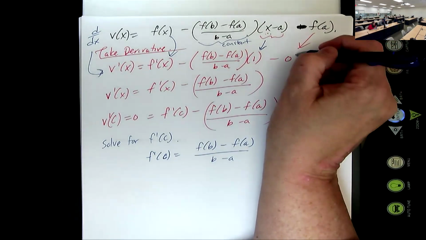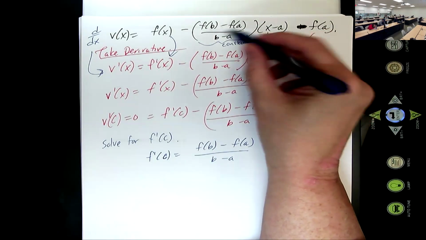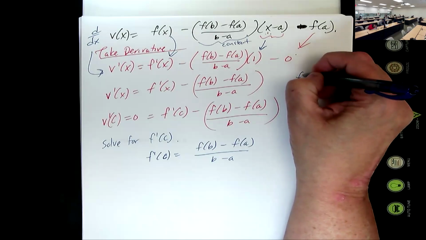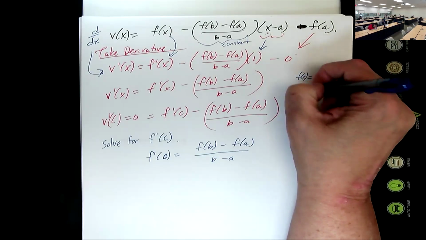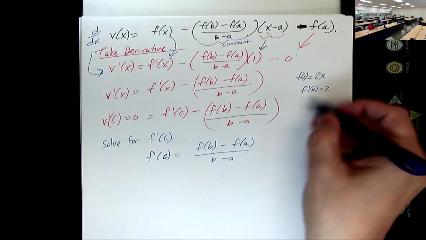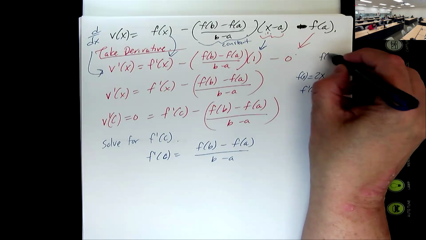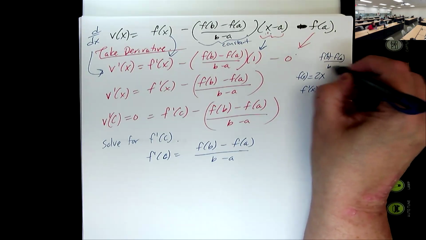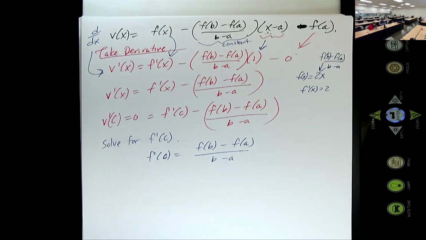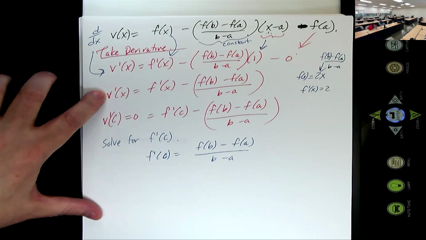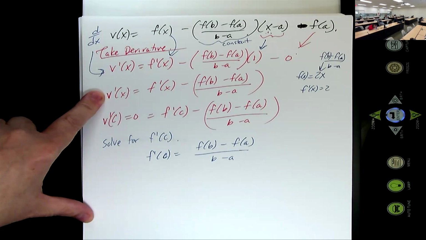Derivative of f of a is 0, and x had this coefficient on it, like if we had 2x and we took the derivative, we just have 2. Same idea here, but the 2 is f of b minus f of a, or b minus a, same as the 2 here. So that comes down, and now that is v prime of x.